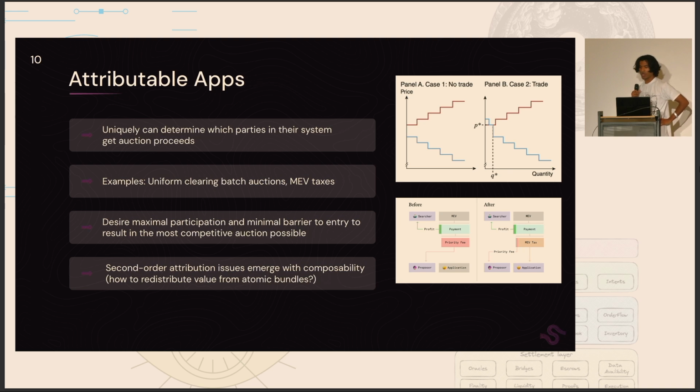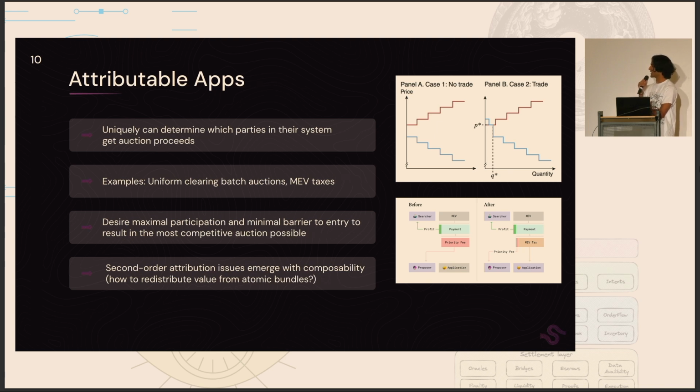Another is MEV taxes, right? So this is Dan Robinson and Dave White's design that you can implement on priority ordering, or priority order sequencers. And the idea here is that these sequencers already order transactions by priority. So the applications built on top of these L2s would essentially specify with the sequencer that they would take some fraction of the priority fee paid to be, like, the first presumably to interact with the application, right?